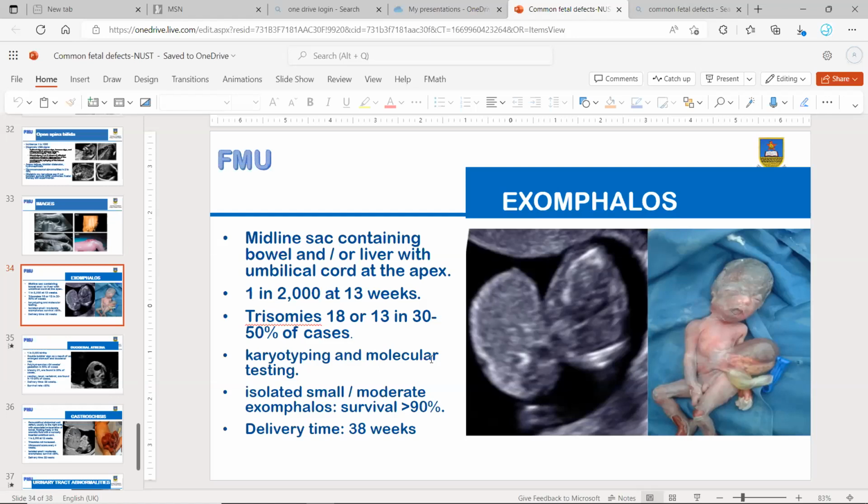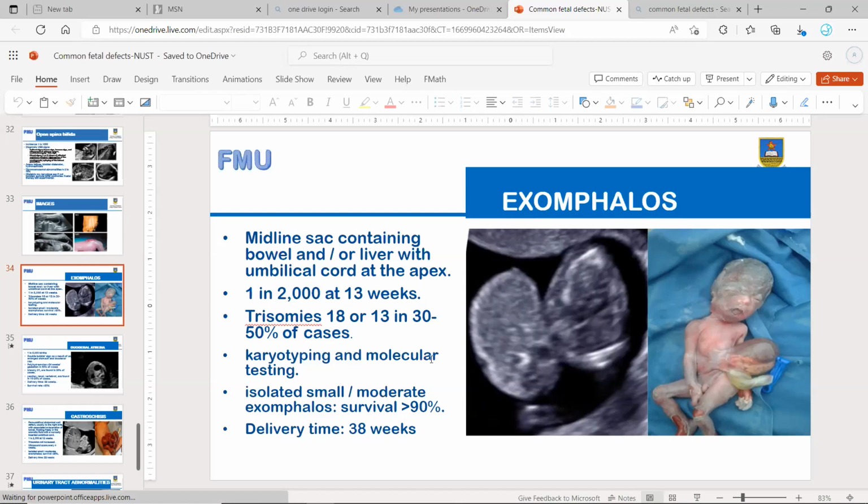And also the bigger the involvement of the liver, the more it complicates issues for these babies. The involvement of the liver will complicate things compared to the involvement of the bowels alone. So that has to be reported. Whenever we're scanning exomphalos, we want to know, is the liver involved or not?